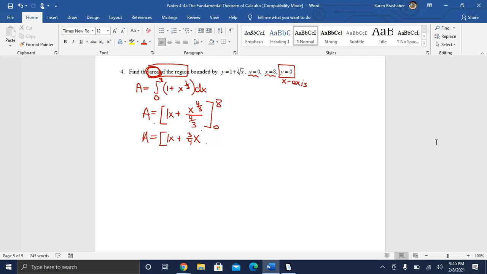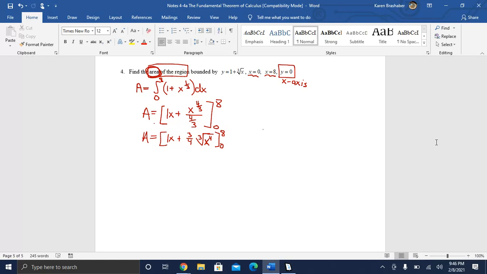And you may want to change your 4/3 power into a third root. Actually, I think I'm going to do that with you. So we'll change that into the third root of x to the 4th power. You might find that that's a little bit easier to deal with. So now we're ready to apply the fundamental theorem of calculus.